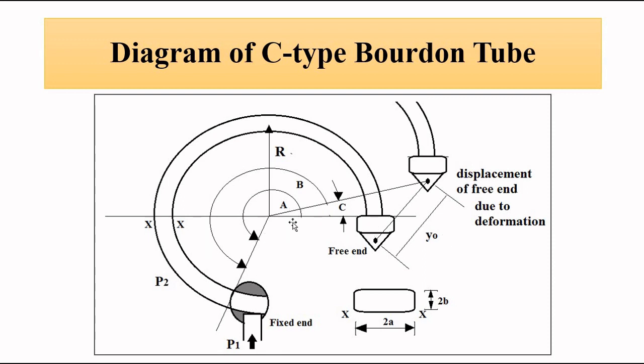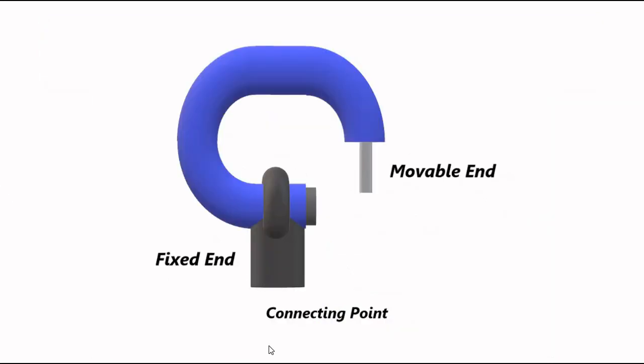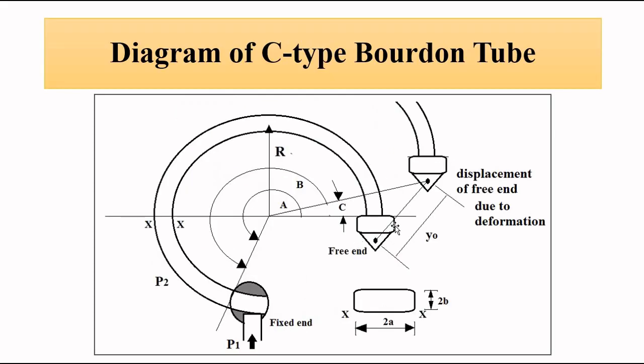Then when it is subjected to pressure, as a result of the pressure difference between the outside and inside of the Bourdon tube, this free or movable end tries to elongate, tries to stretch itself, and as a result an angular movement of this free end happens. So let's say it stretches itself and moves to this position. So from the center, the angle which this free end makes with the fixed end is B, and the difference between these two angles is C.